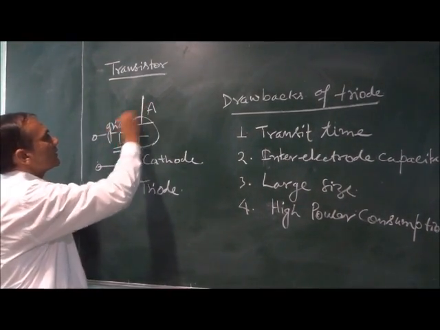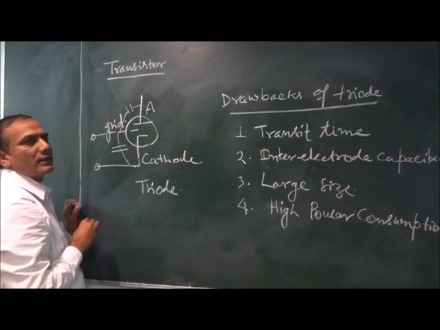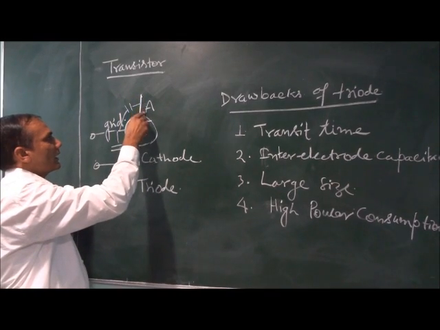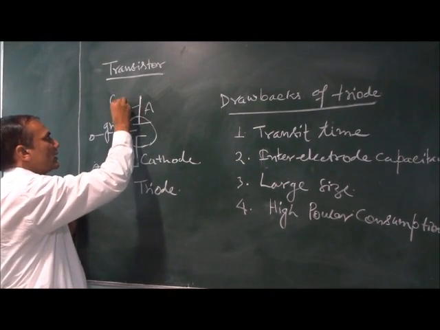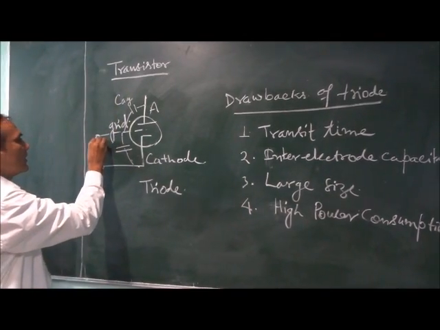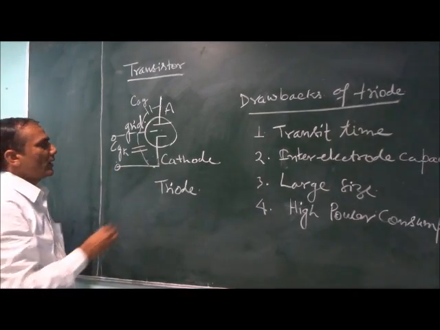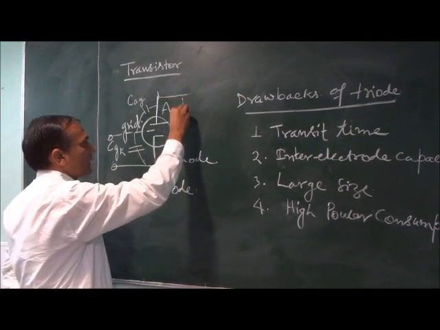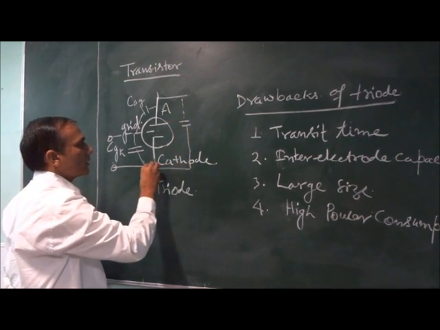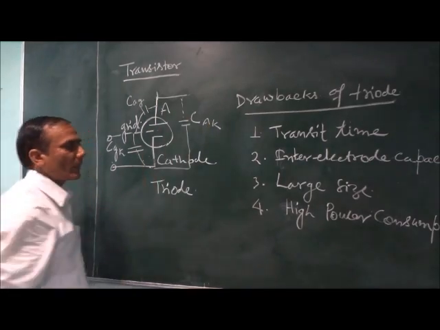Then from anode to grid there was also a capacitance, which you can write as C A G. This was your C G K, and from here also an imaginary capacitance was formed, this was your C A K.